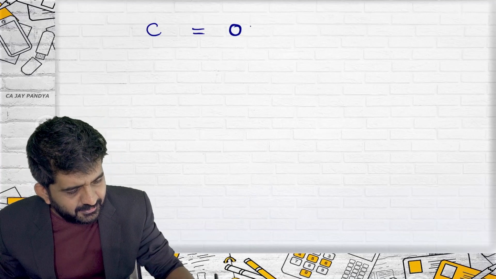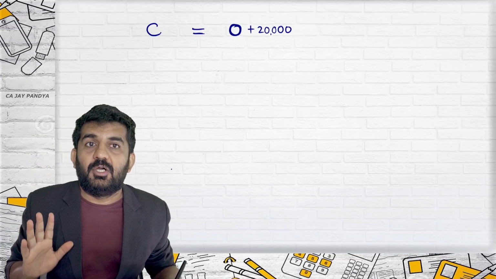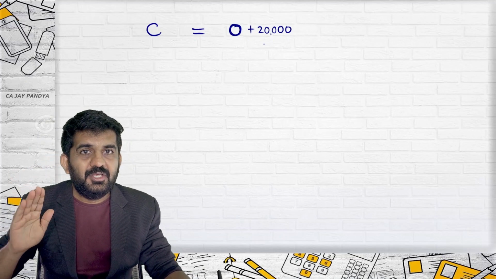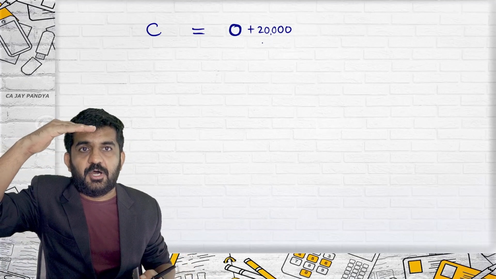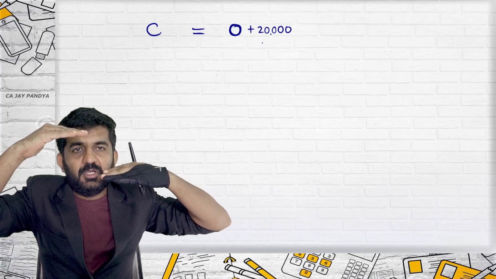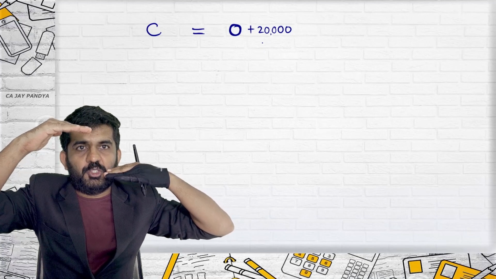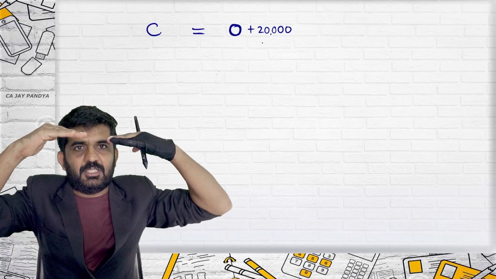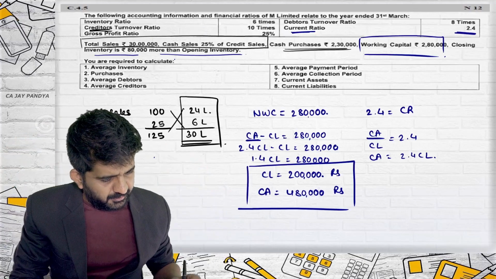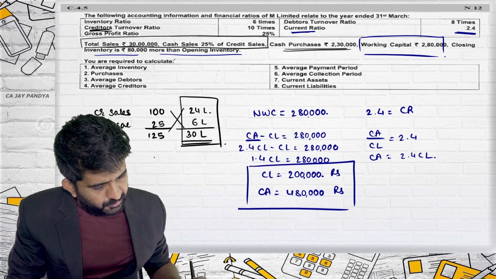To equalize it, opening plus 20,000 is equal to closing stock. Then they will be equalized, so you can put the equal sign over here. Are we having a closing stock figure? No, not directly.